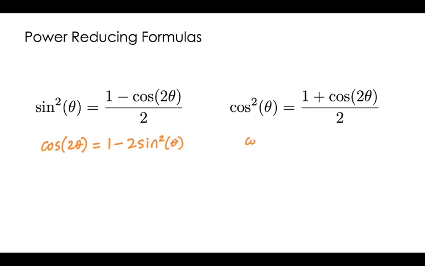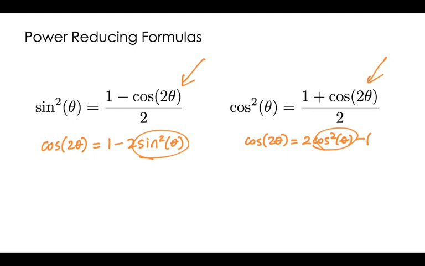And we also had cosine 2 theta equals 2 cosine squared theta minus 1. Okay. So all they have done is rearranged those and solved those for the sine squared and the cosine squared in the formula, and that's where they get these power reducing formulas.